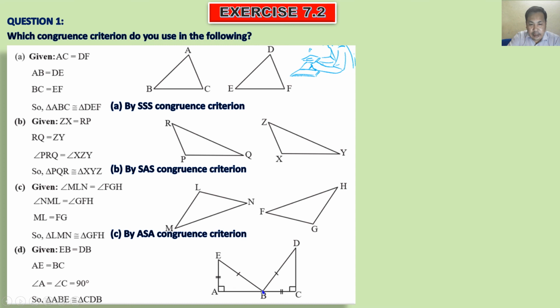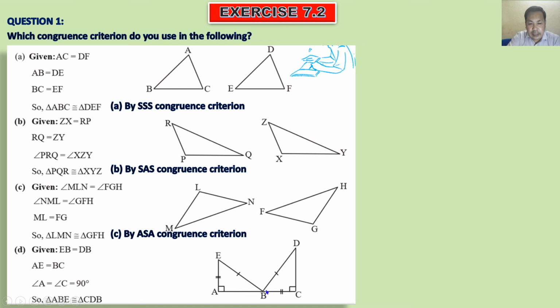In these two right angle triangles, we found that the right angles are the same, and two corresponding sides are equal, that is AE and BC. You can see that the hypotenuses, the sides opposite the right angle, EB and DB, are also equal.